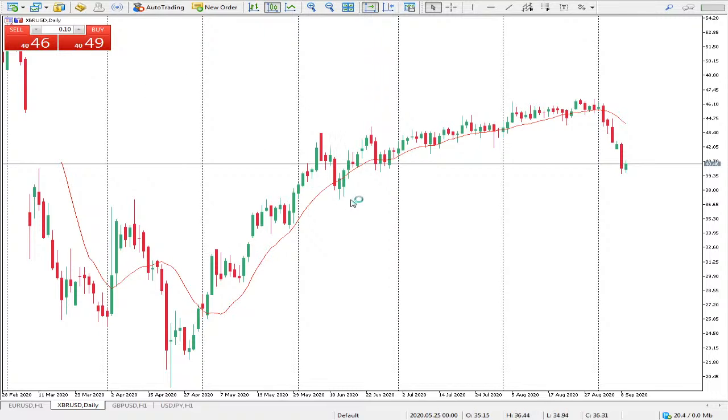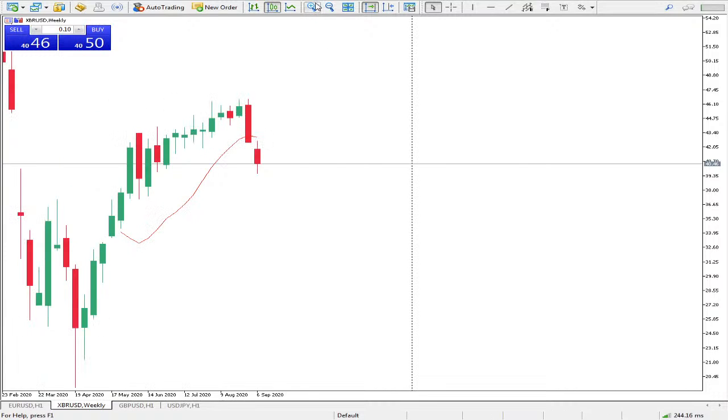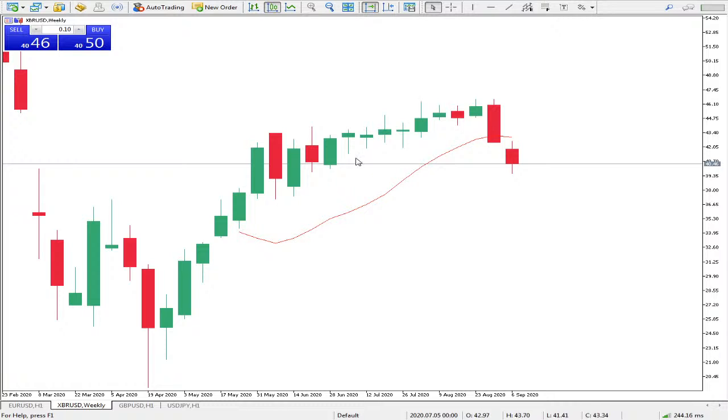We'll move on. Let's see from the daily. No, this is daily already. We'll start from the weekly. I'll let it load fast. So if you look at this chart the way it is now, you can see that there was a massive decline from this point. The price went massively to the lower side. There was this minor correction.